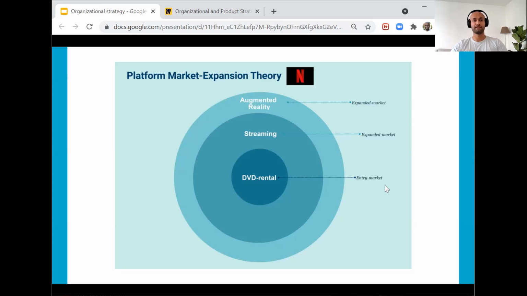People were streaming more than they were buying or renting DVDs. And so using this transition helped them stay in business. And then they started expanding beyond that. Now they're looking at things like augmented reality to expand their market even further beyond what they offer currently.